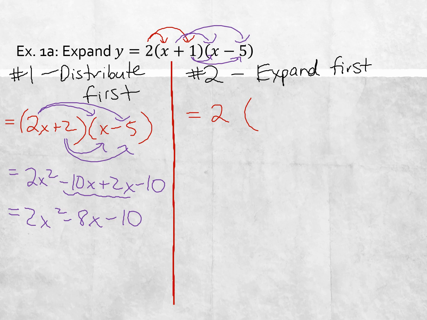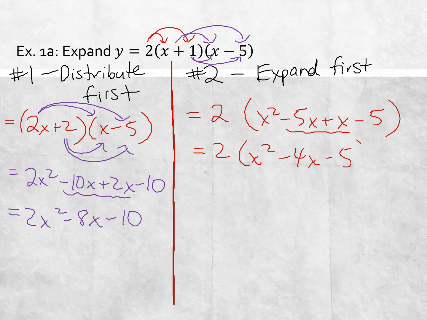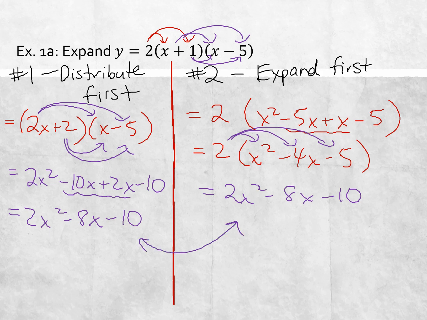So we're going to be left with x squared minus 5x plus x, and then minus 5. Let's collect like terms first. So there's our like terms, that 2 still up front, minus 4x minus 5. And now you are going to distribute that 2 inside, which gives you 2x squared minus 8x minus 10. As you can see, we got the exact same answer either way you do it, as we should have.